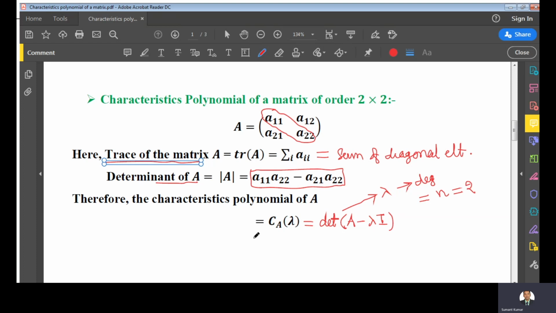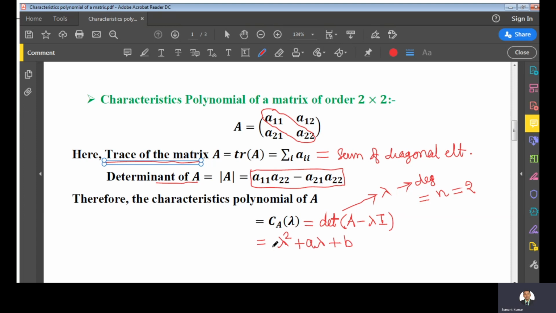So if we write this characteristic polynomial in a general form, let us write a general polynomial of degree 2: lambda square plus a times lambda plus b, the constant term. Here I am using the monic polynomial.